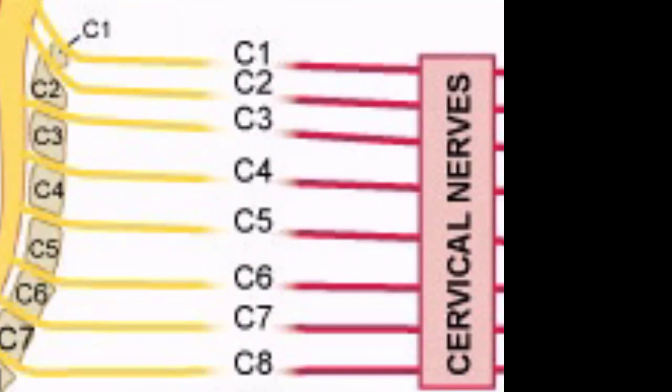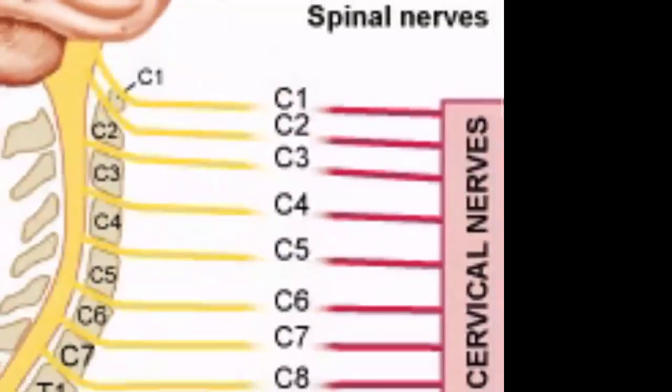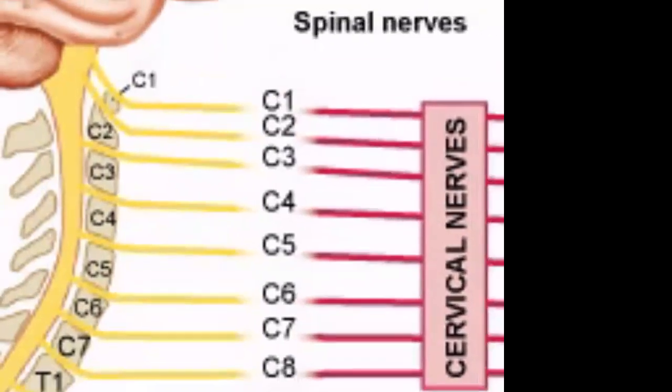So why is there 8? Because the first pair of cervical nerves actually comes out above C1, just underneath the skull. And then C2 comes out underneath C1, C3 comes out underneath C2, C4 comes out underneath C3. So there's 1 extra pair in the cervical region.